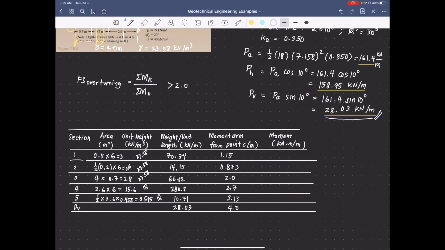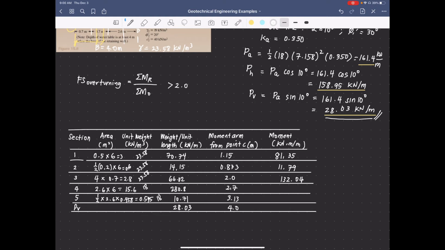Okay, so what we need here are the moments now. We have to multiply the weight per unit length by its moment arm. So we can get here 70.74 times 1.15. This will give us 81.35. 14.15 times 0.833 will give us 11.79. 66.02 times 2 will give 132.04.